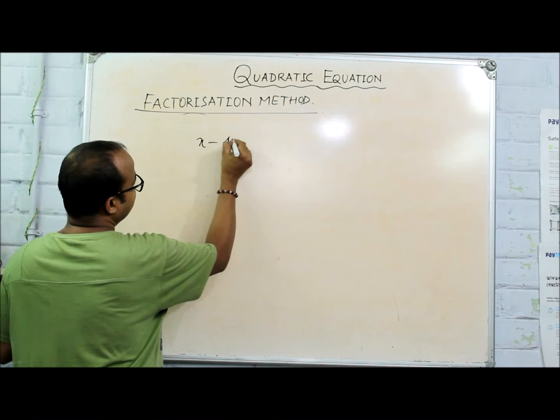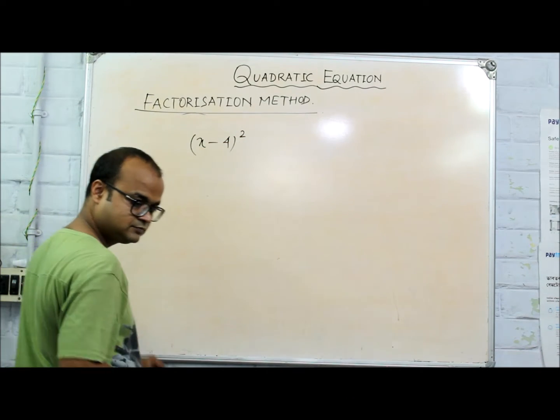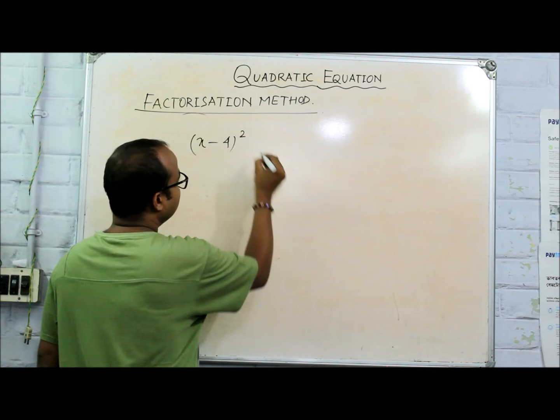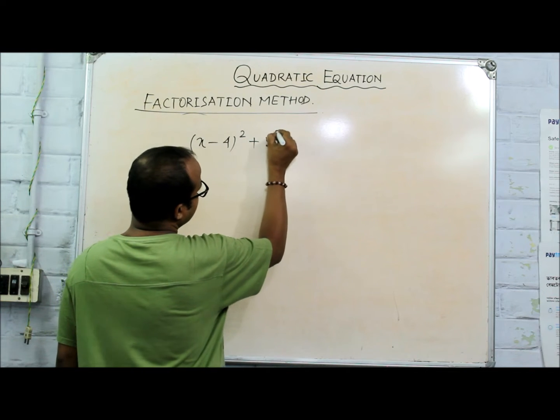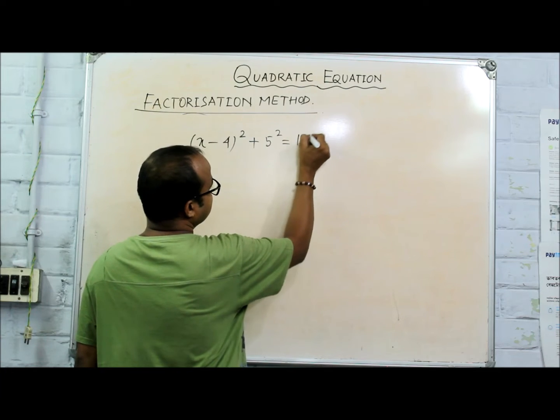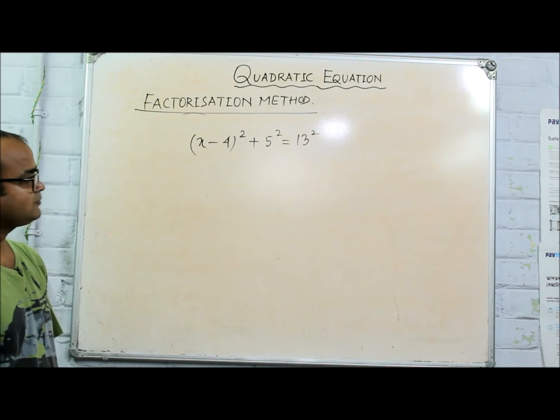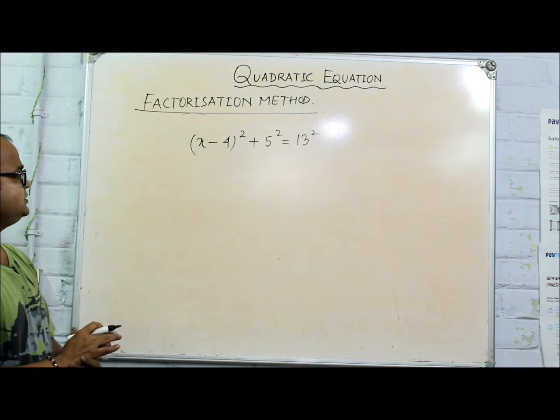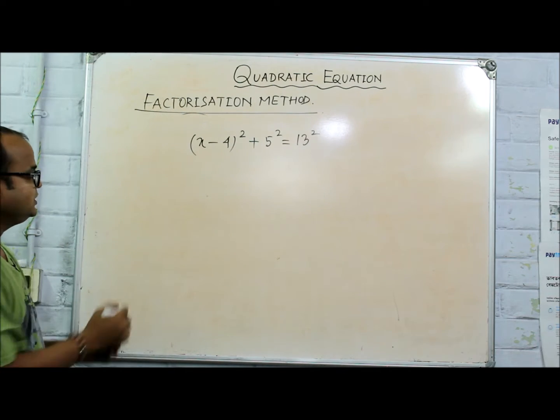x minus 4 whole square plus 5 square is equal to 13 square. So there are two ways you can solve this problem.